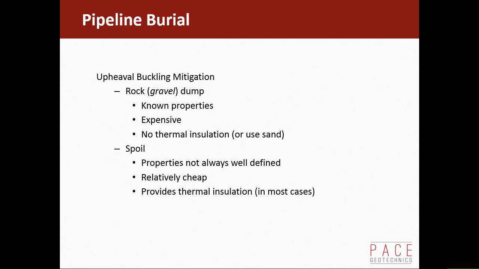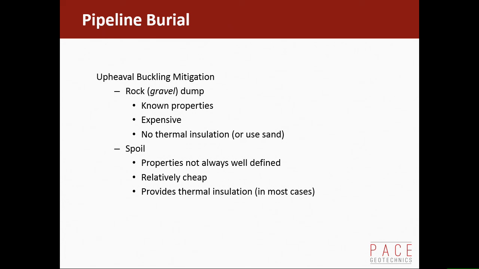The other way of preventing upheaval buckling is with rock dump, which is basically crushed rock. So it's rock of typically 1 inch or 25 millimeters to 150 millimeters size. Advantages are, you know what the properties are, but it's expensive.